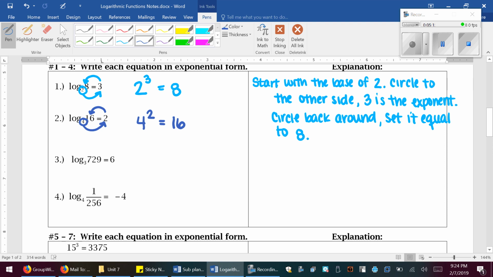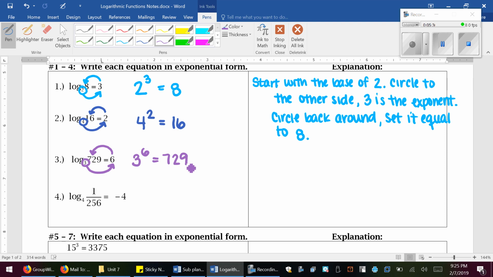This is still logarithmic form. Let's do another one. Start with the base of 3. Circle around to the other side, that's your exponent. Come back around, set it equal to 729. You didn't memorize this one, but 3 to the 6th power is 729.